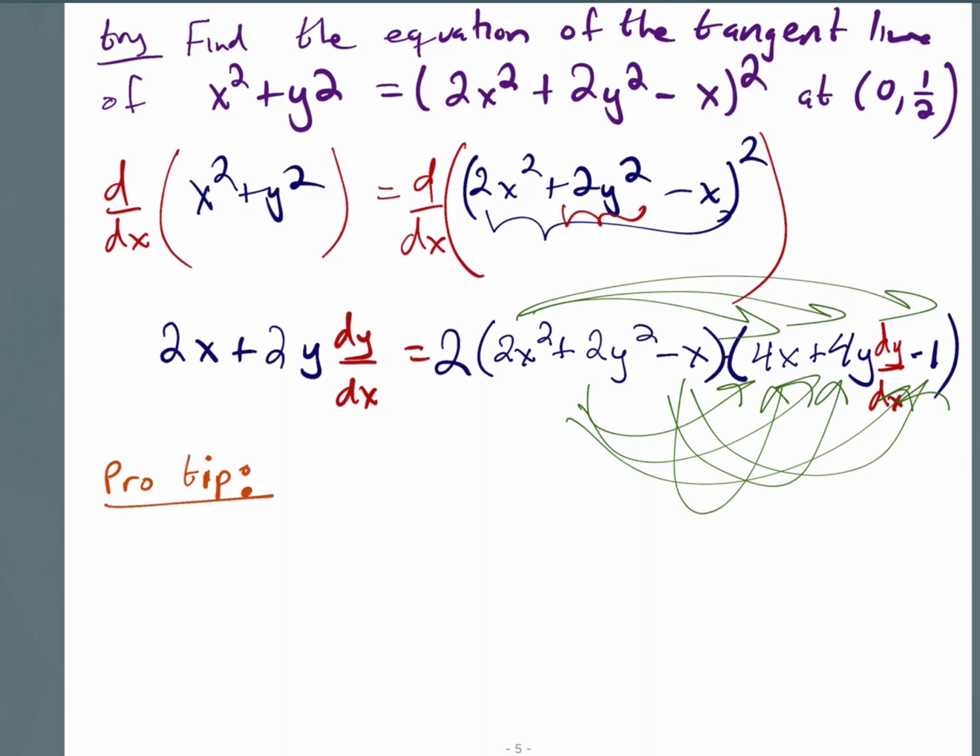Then what else do I have? This is 4 times 1/2, which is 2, minus 1, right? So then 1 times this is just that, right? So then dy over dx equals positive 1. Yeah? Okay, now, just right here in this corner, I'm going to write down the equation of the tangent line.